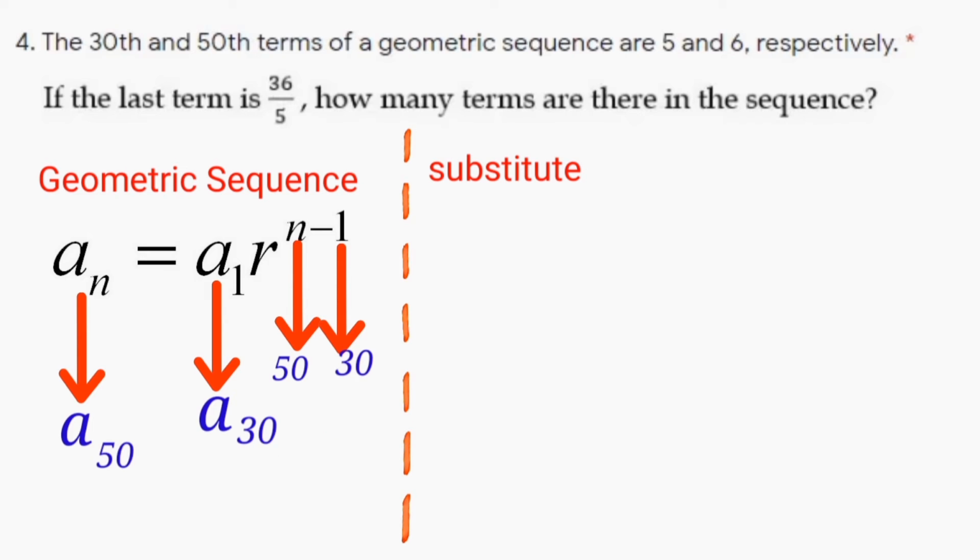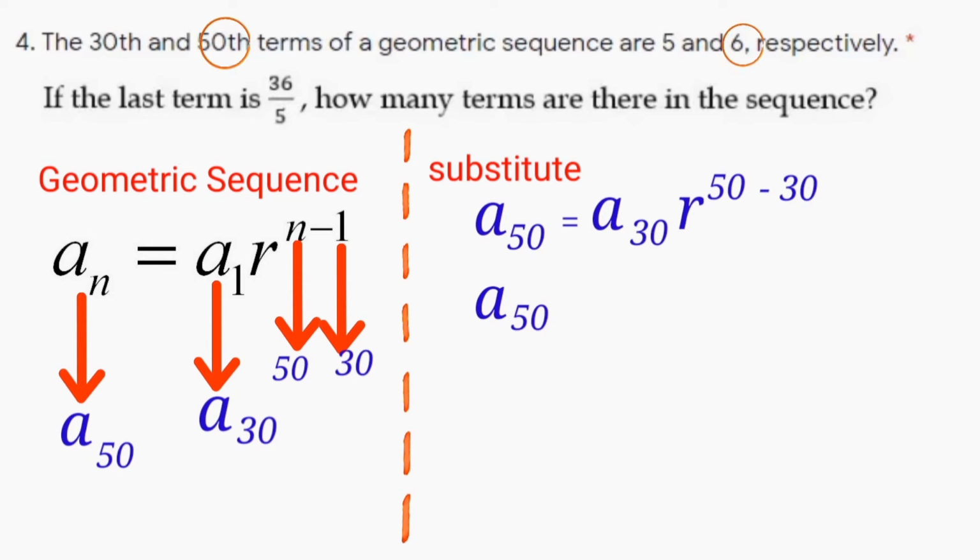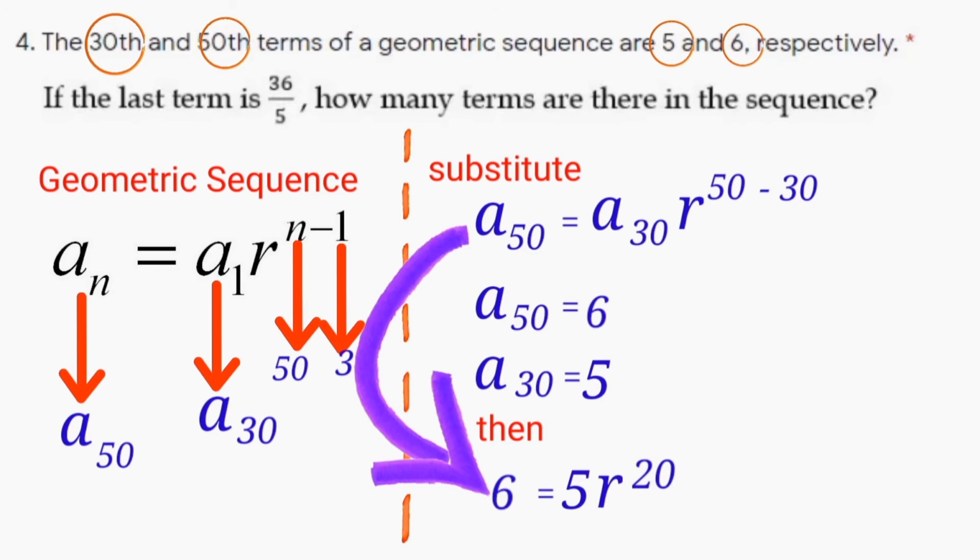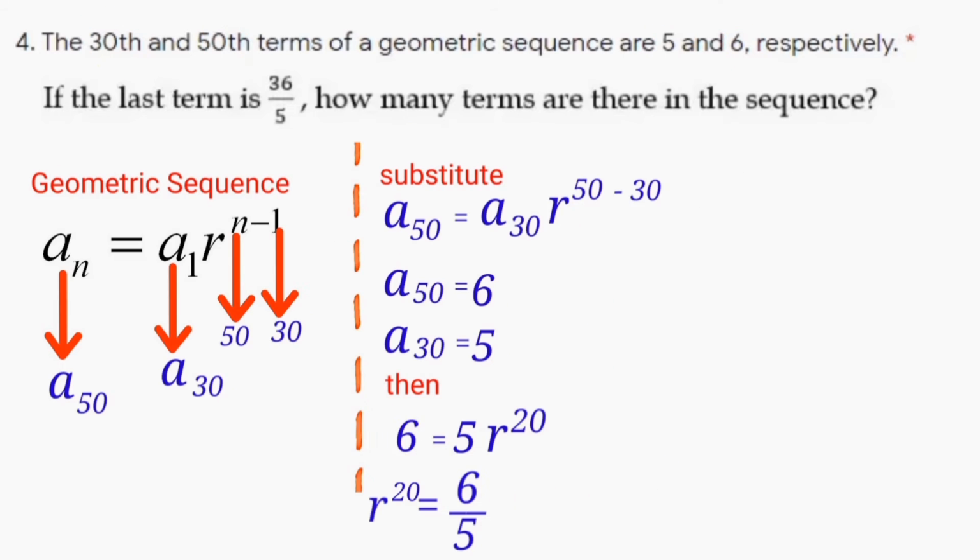Now substitute. A sub 50 is equal to a sub 30 times r raised to 50 minus 30. In the given, a sub 50 is equal to 6 and a sub 30 is equal to 5. Then, 6 is equal to 5 times r raised to 20. Now, transpose 5 to get r raised to 20 is equal to 6 all over 5.